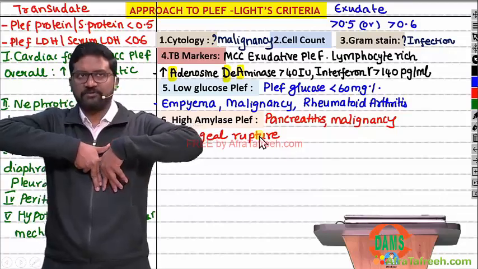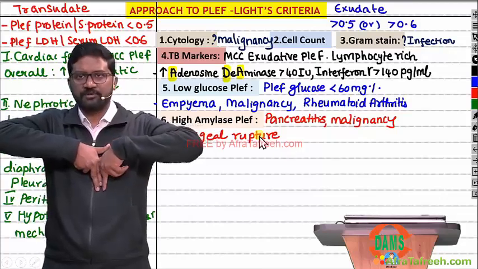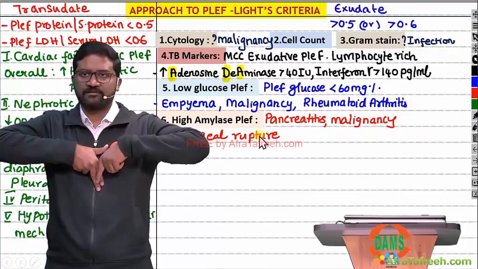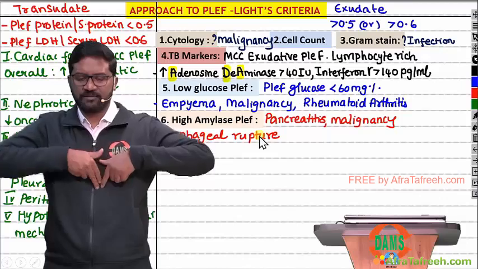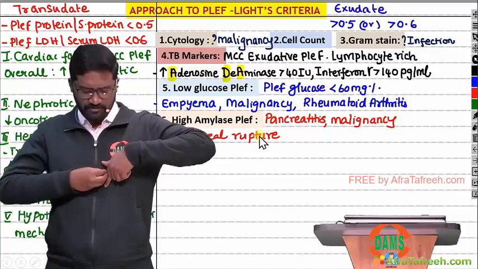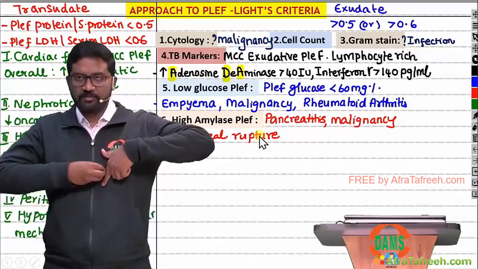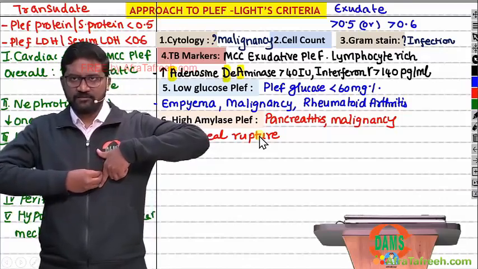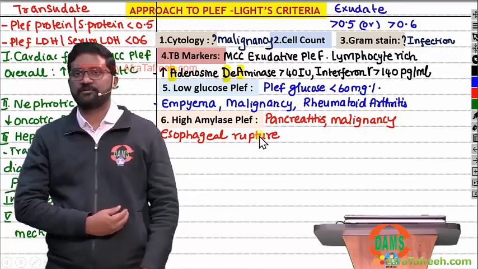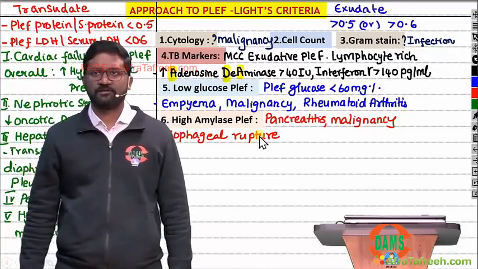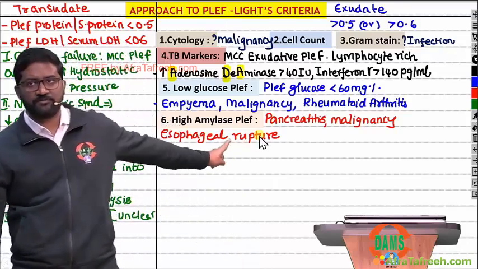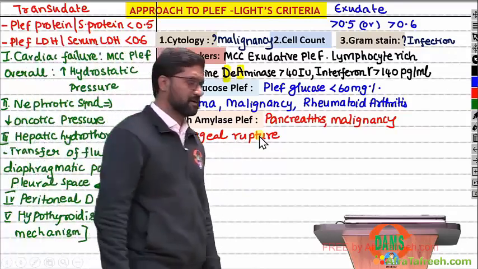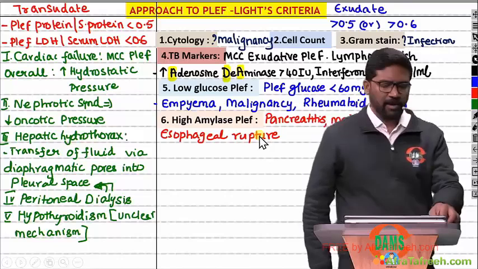Adjacent to the esophagus, there is a thin mediastinal pleura. Whenever there is significant damage to the esophagus resulting in its rupture, with that damage, the mediastinal pleura will also be damaged. So whenever the mediastinal pleura is damaged, the esophageal contents will go into the pleural space. So what does the esophagus contain, students? Saliva. What does saliva contain? It contains amylase.